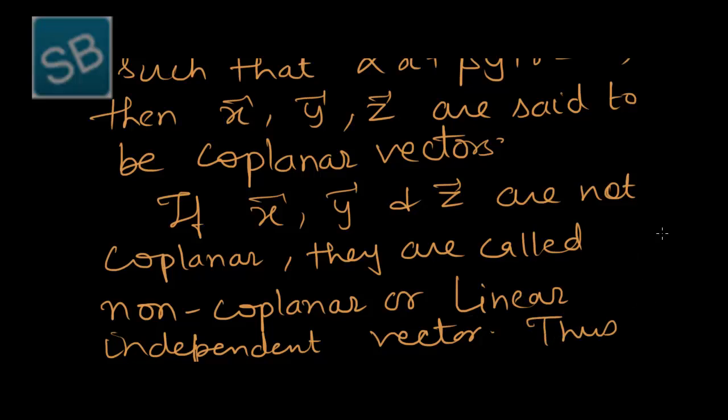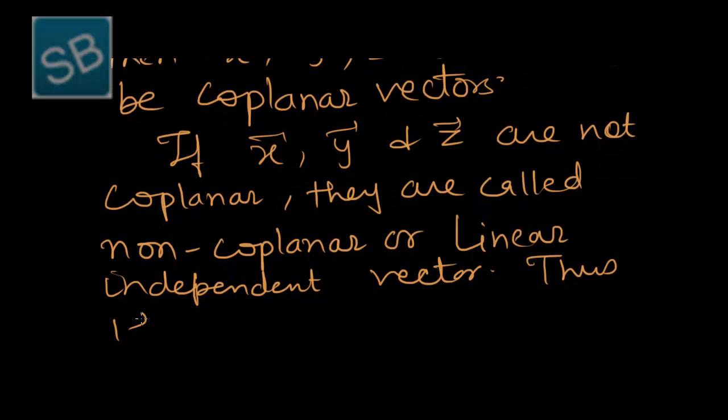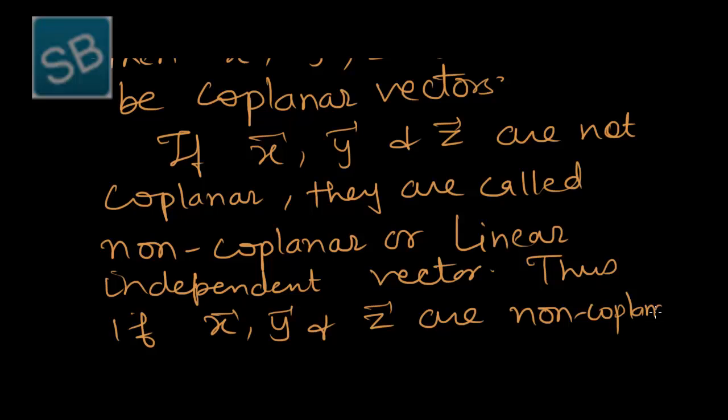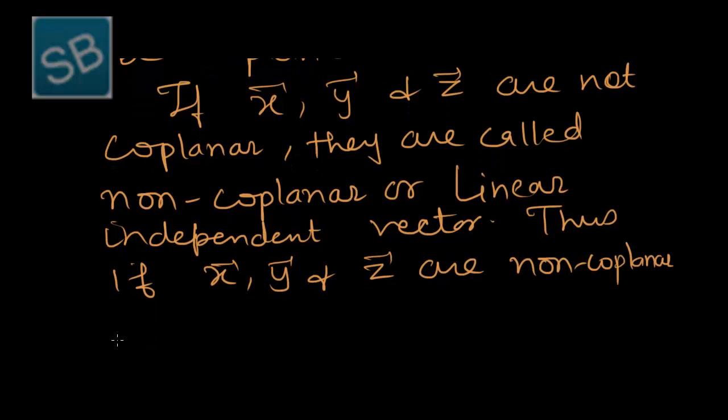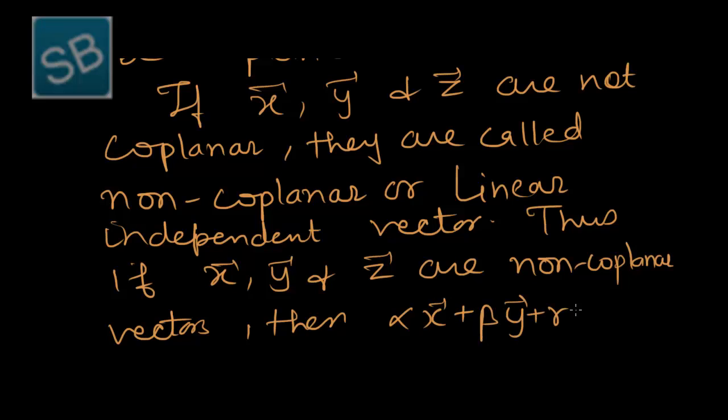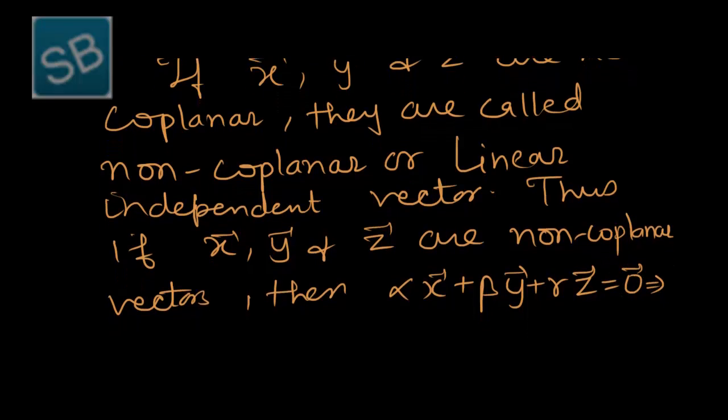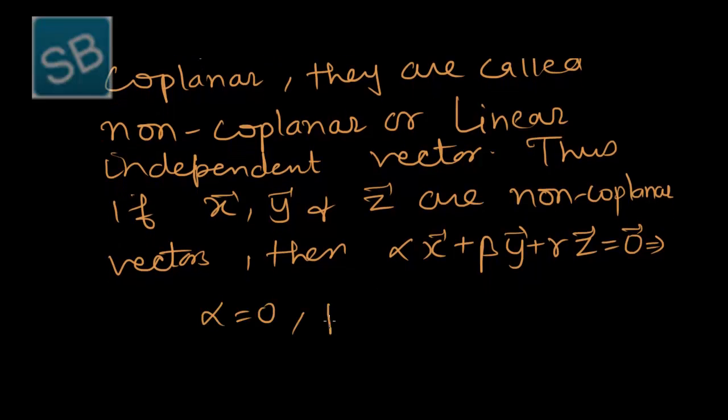Thus, if vector x, vector y and vector z are non-coplanar vectors, then alpha vector x plus beta vector y plus gamma vector z is equal to vector 0 implies alpha is equal to 0, beta is equal to 0 and gamma is equal to 0, because if one of these becomes non-zero, then the vectors become coplanar.